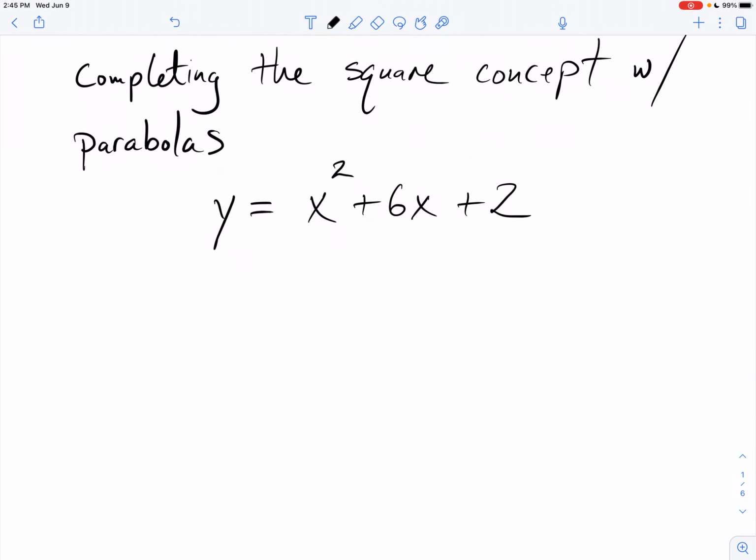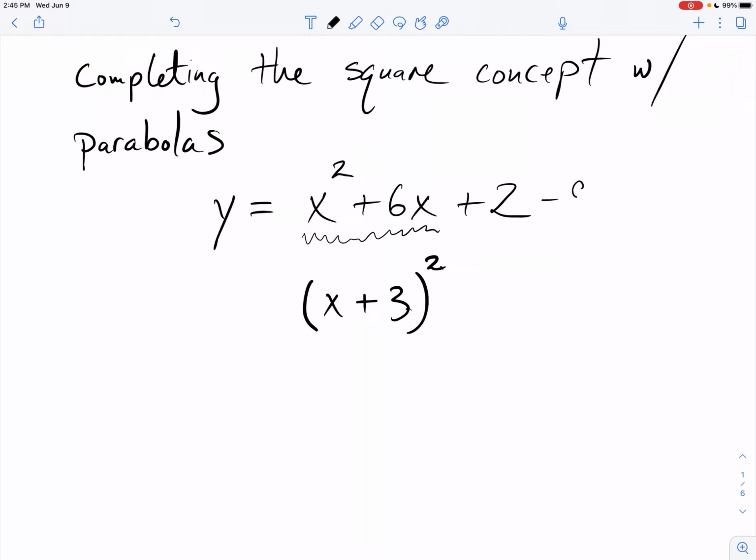We talked about completing the square with parabolas. Remember, with a parabola, you take these 2 terms right here, cut the 6 in half, and square it, and write it as a quantity squared. Then you say to yourself, 3 squared is 9.